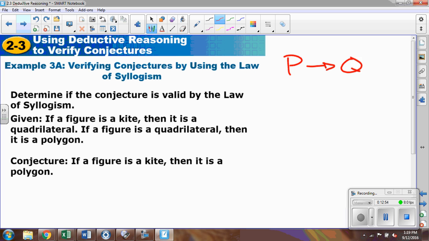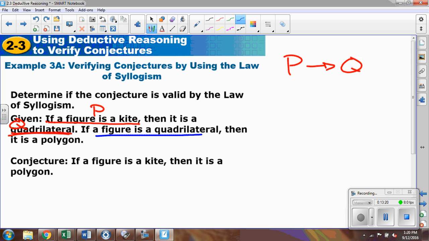That's telling us we have to start off with P implies Q. Check the first statement then. If a figure is a kite, that's our P for the first hypothesis. Then it is a quadrilateral. There's our Q. And I'm picking them just so that it fits the law of syllogism. Now we'll continue further.